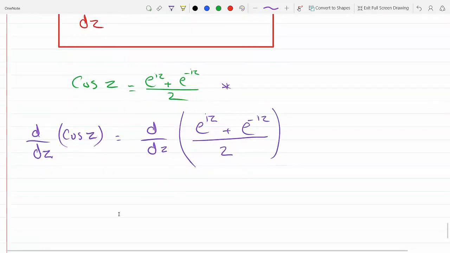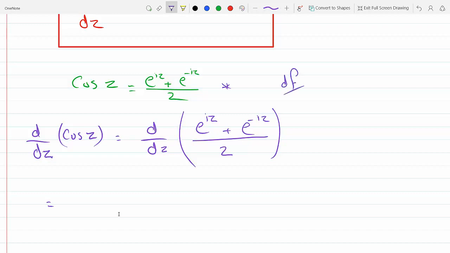Okay, and again I'll use the definition of the derivative. The definition of the derivative is df over dz is f of z plus delta z minus f of z over delta z, and I will take the limit as delta z goes to 0.